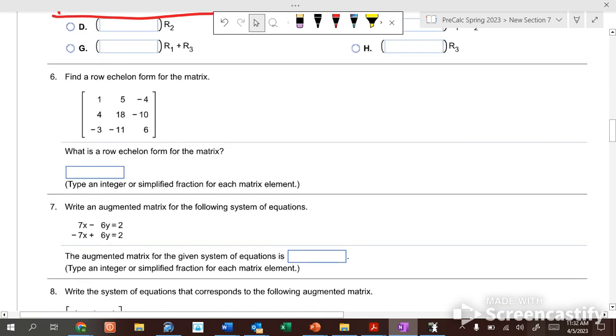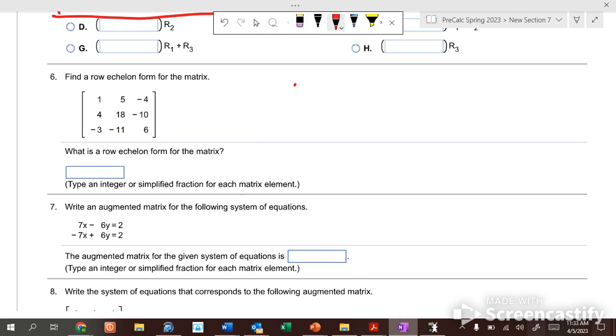All right, what is row echelon form for this matrix? This one is actually a little bit more difficult. Because I want to get 1s on the diagonal and 0s below them, like 1, 0, 1, and 0, 0, 1. That's row echelon form. So, how do I get there?